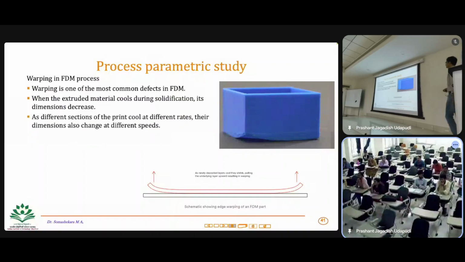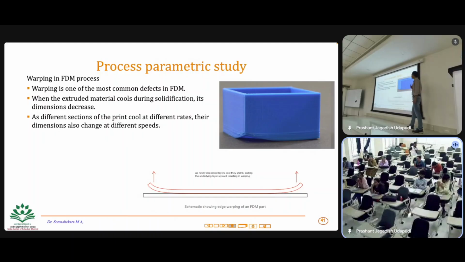And then you might have come across this problem, warpage, especially at the corners. The material will start coming away from the build platform. This happens especially when you don't have enough temperature on the bed, the build platform, and have weak bonding.